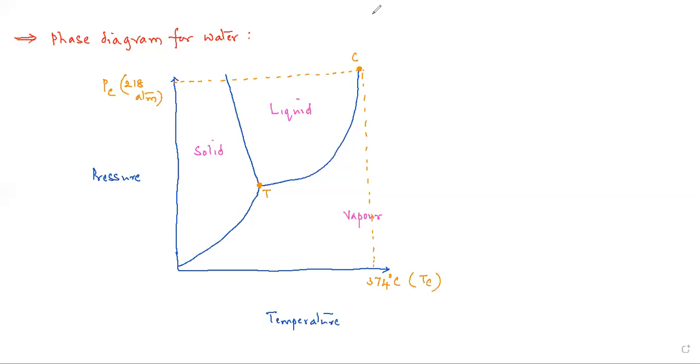Now coming to the triple point, in case of water, the triple point can be given as 0.01 or specifically 0.0098 degrees centigrade.